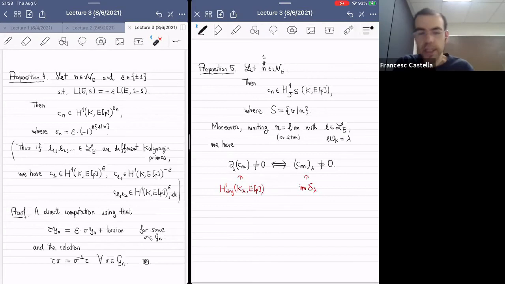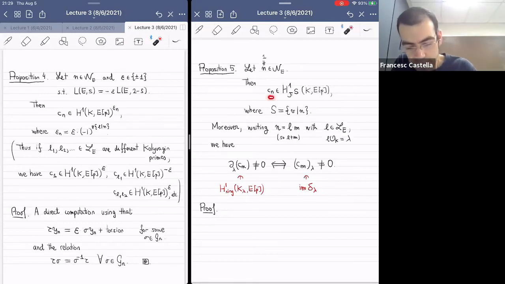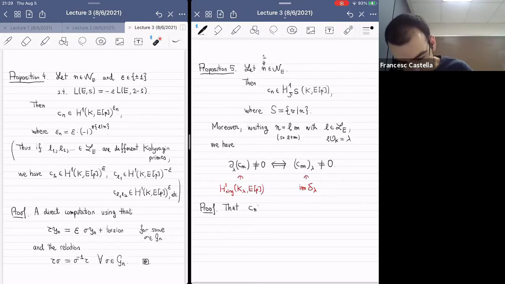Okay, so let's prove. Let's give the proof of this. Okay, so the first part, that these classes C sub n are unramified away from the primes dividing the conductor, it follows easily from the definitions. Okay? It's not entirely trivial, but I won't say much about this part.